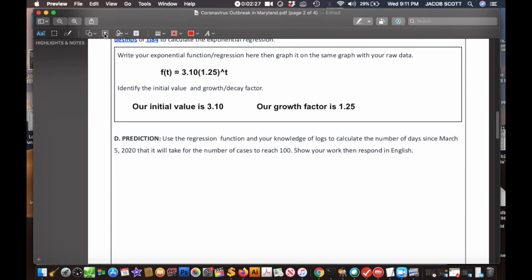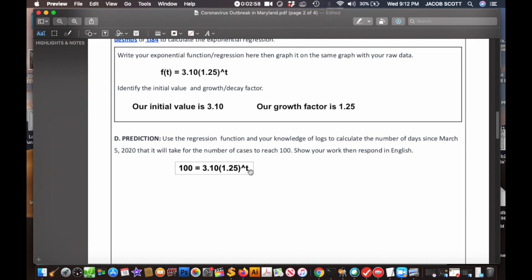Let's go ahead and see if we can do that. I'm going to have some fun with this thing. So 100 is being subbed in for f of t. 100 equals 3.10 times 1.25 raised to the t.